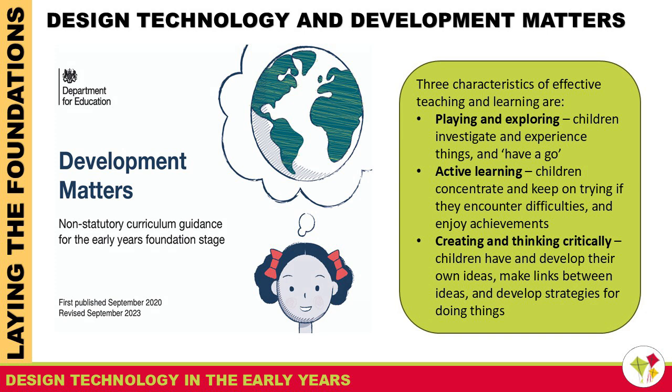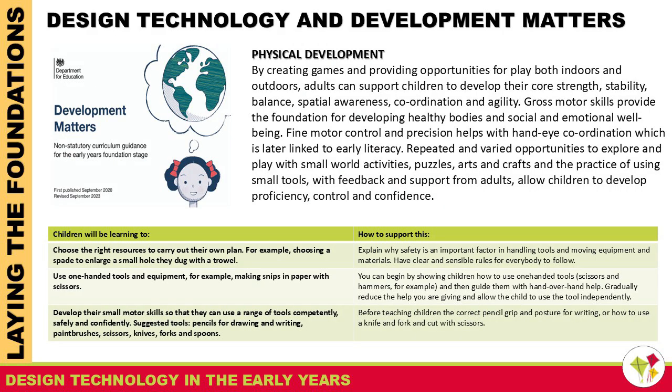Throughout the document, there are examples provided of how these aims can be supported through the early years curriculum. And examples are also provided for each of the 7 areas of learning from the EYFS framework. Here are some examples of how the curriculum can promote children's physical development and how early years practitioners can support this in terms of design technology.